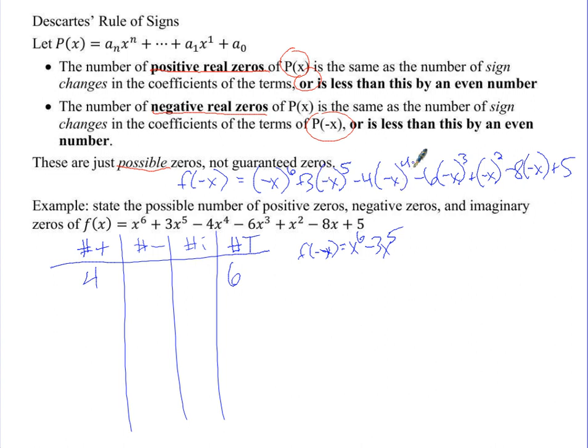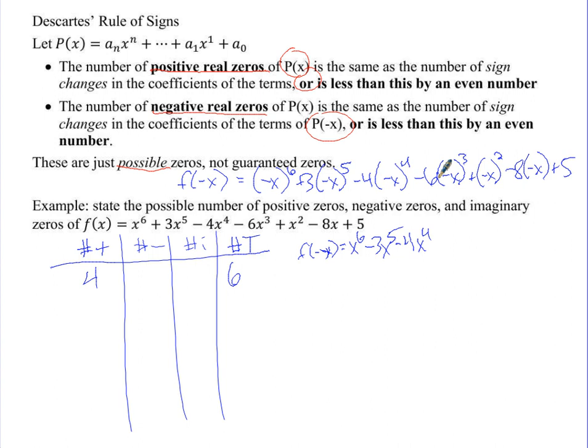On this one, will this exponent cause my sign to change? No. It will stay x to the 4th here. So I still have the minus 4x to the 4th. Will my exponent here cause my sign to change? Yes. The odd exponent makes the sign change.